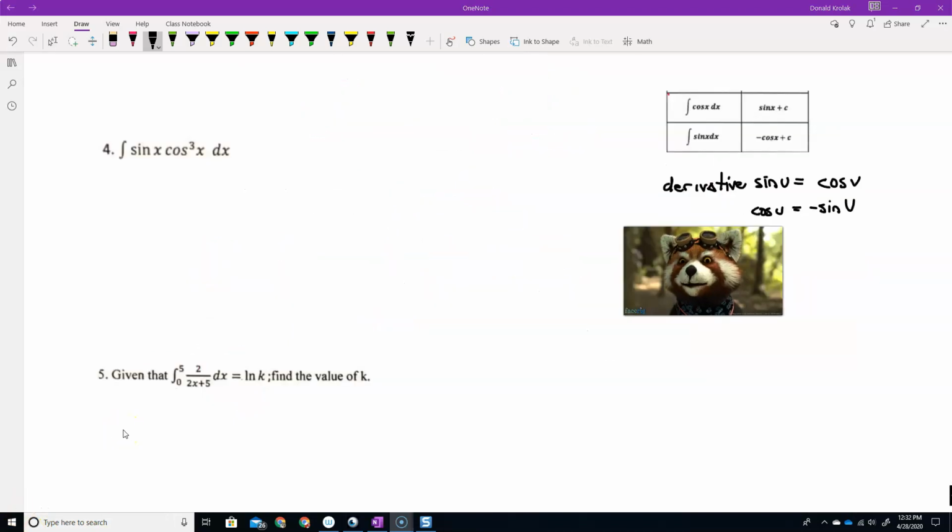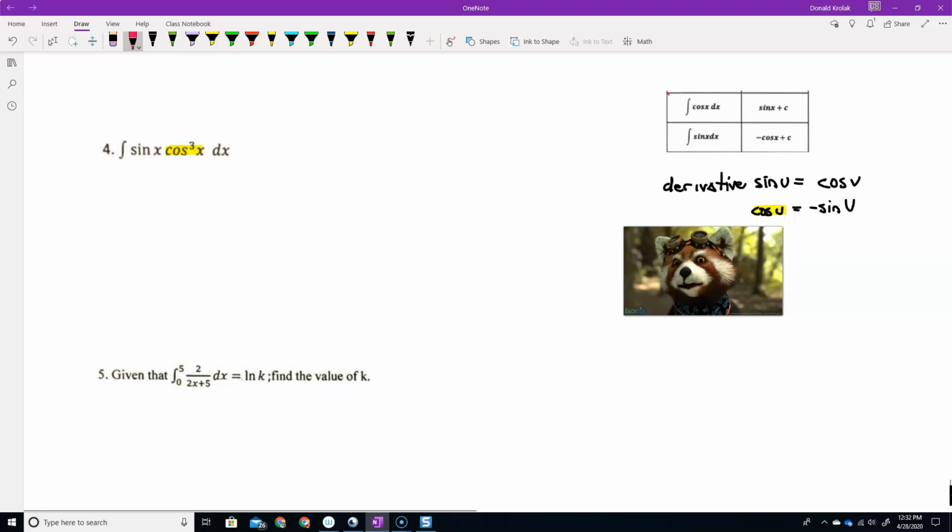All right, number 4, we're finding the antiderivative of some more trig functions. What I notice here is that if I let u equal cosine, when I do its derivative I'm going to get negative sine, and I'll be able to cancel out that sine.